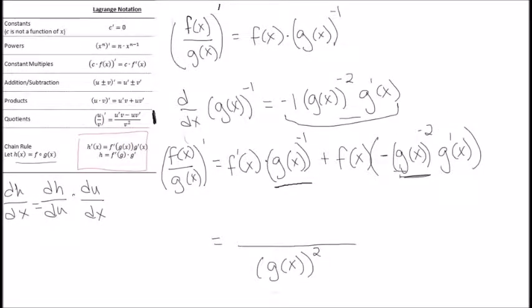Well, on the second term, it just cancels out, and we're left with negative f of x g prime of x. With the first term, I have to multiply this by another g of x. So I get f prime of x times g of x. And notice that if you simplify this, if you tried to split it out, you would cancel out one of the g of x's and be left with g of x to the negative 1.